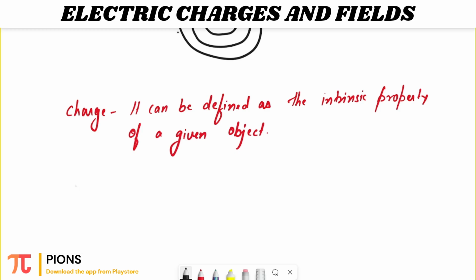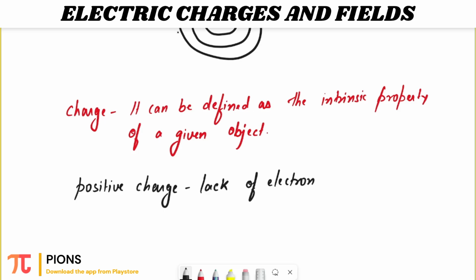Now positive charge is mostly contributed by protons. But in the first part of the textbook we will talk about positive charge meaning lack of electrons. If you remove electrons from a particular system, that system will become positively charged.